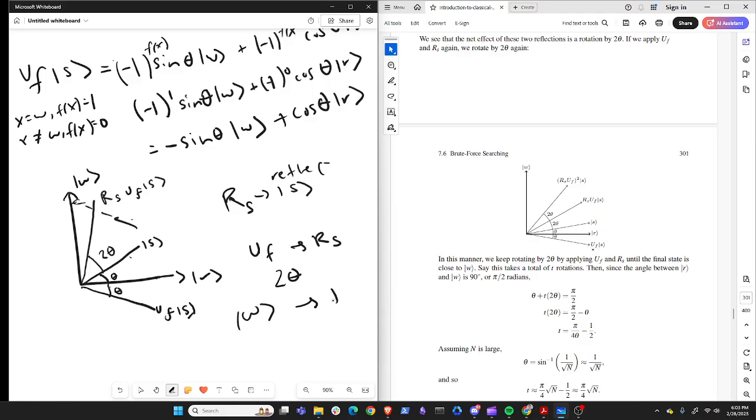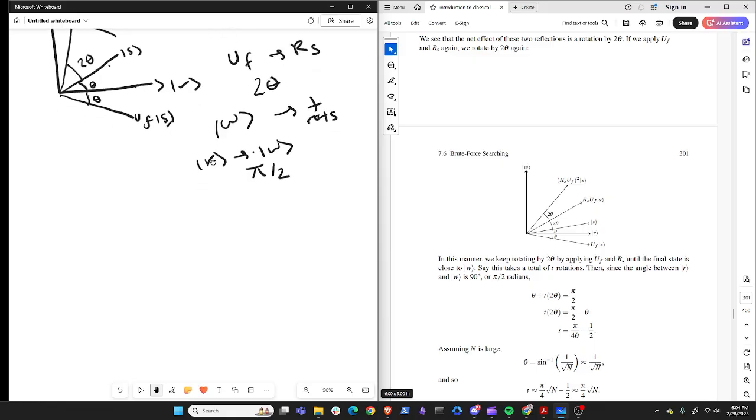They say it takes T rotations. The angle between R and W is 90 degrees, therefore pi over 2 radians. So theta plus T times 2 theta equals pi over 2.